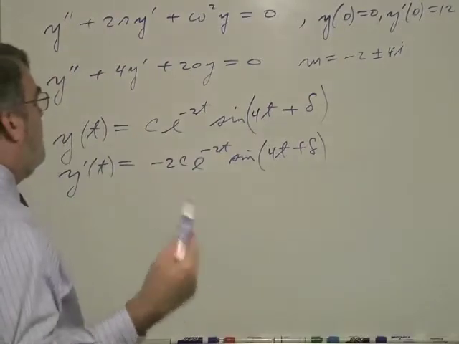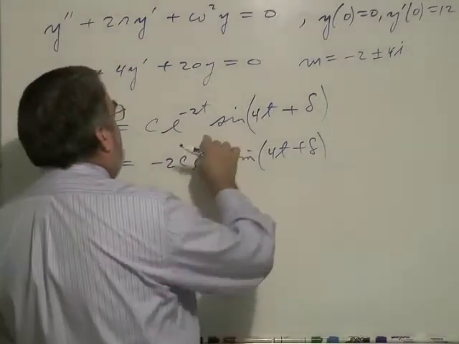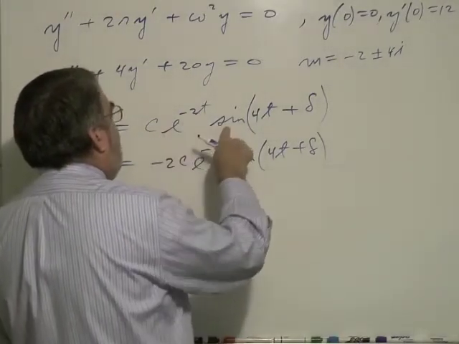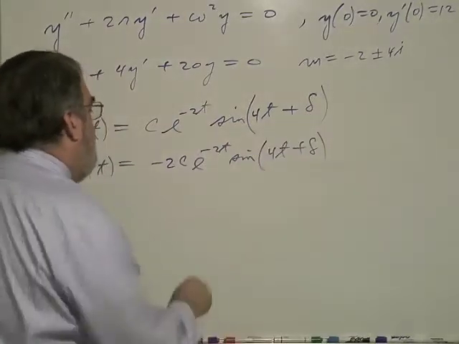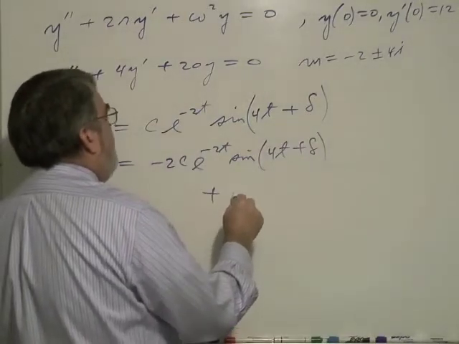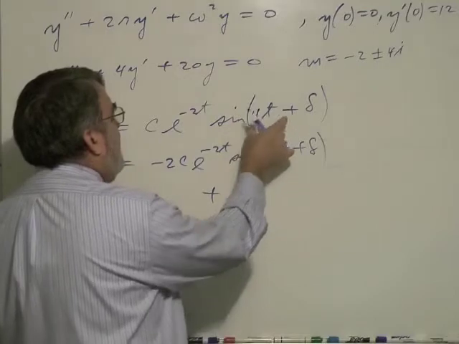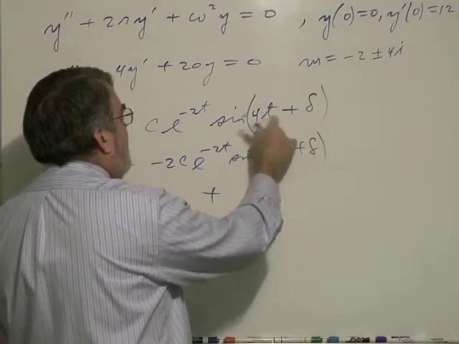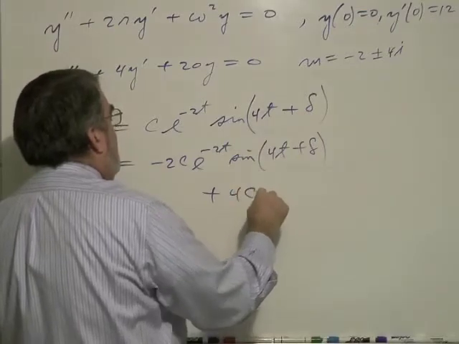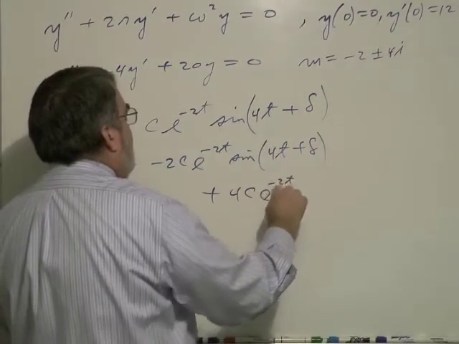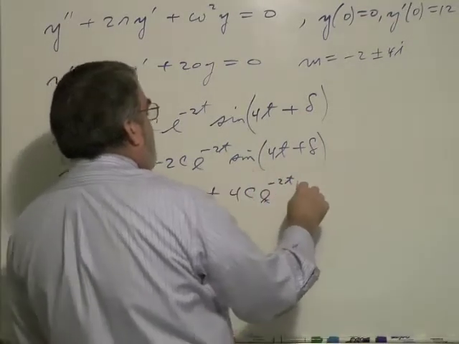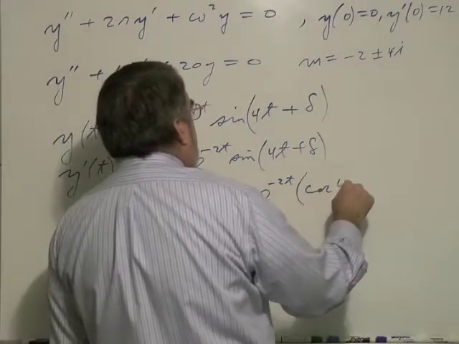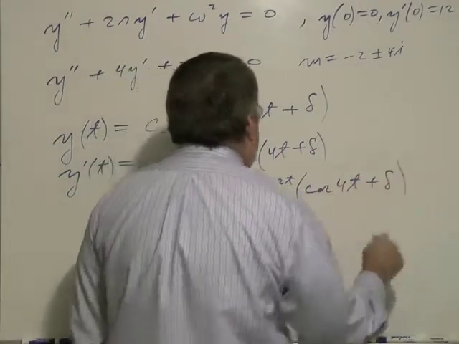And then, product rule, plus c e to the -2t times the derivative of the sine, which is cosine times 4 because of the chain rule. So I have 4c e to the -2t cosine of 4t plus delta.